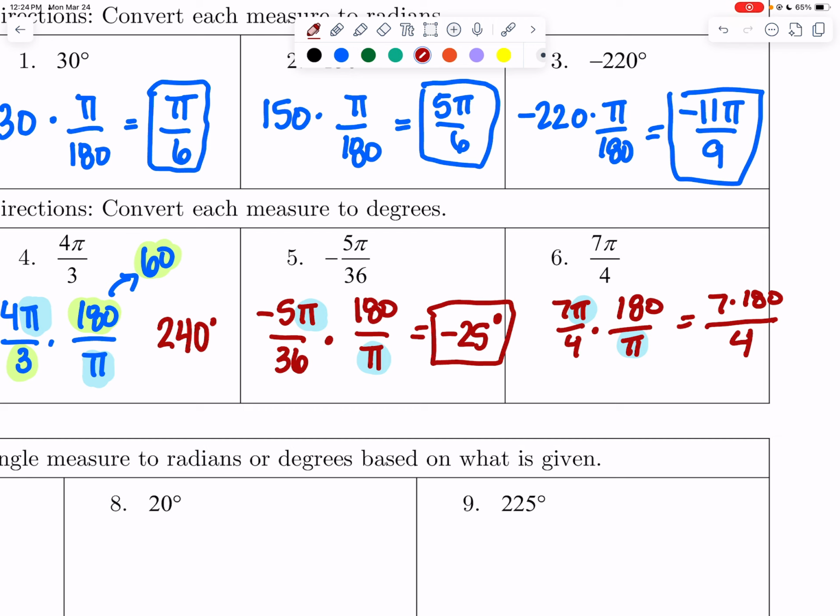So that's going to be 90 over 2, which gives us 45. So we get 7 times 45, which gives us 315 degrees.